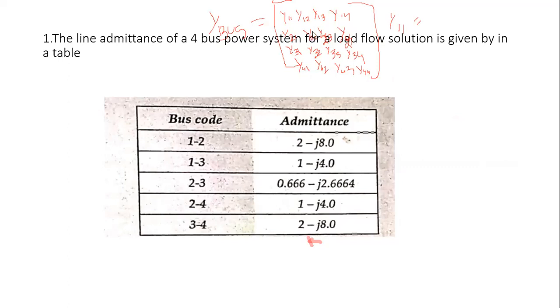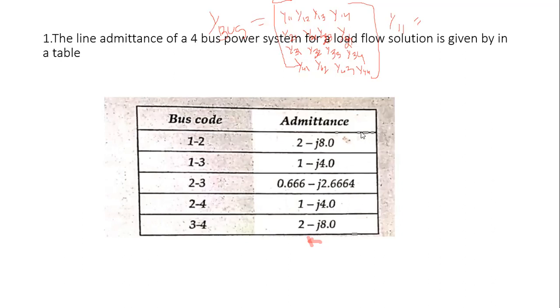Next, we calculate Y22: 0.666 minus j2.664 plus 1 minus j0.40, plus the remaining connected line admittance.